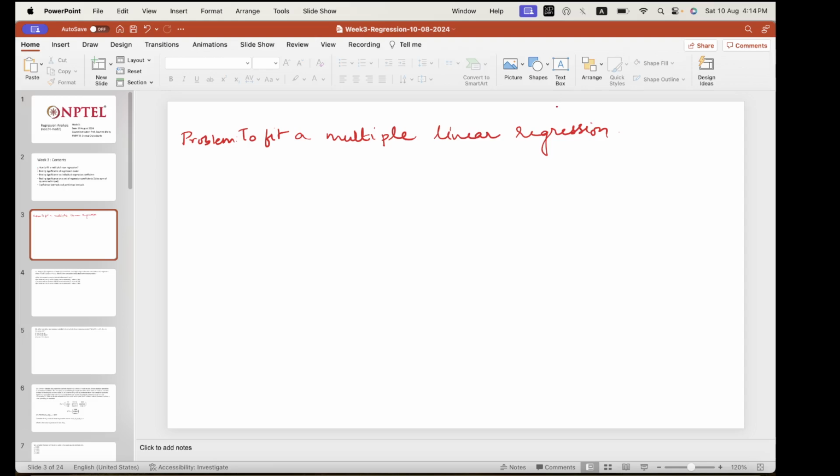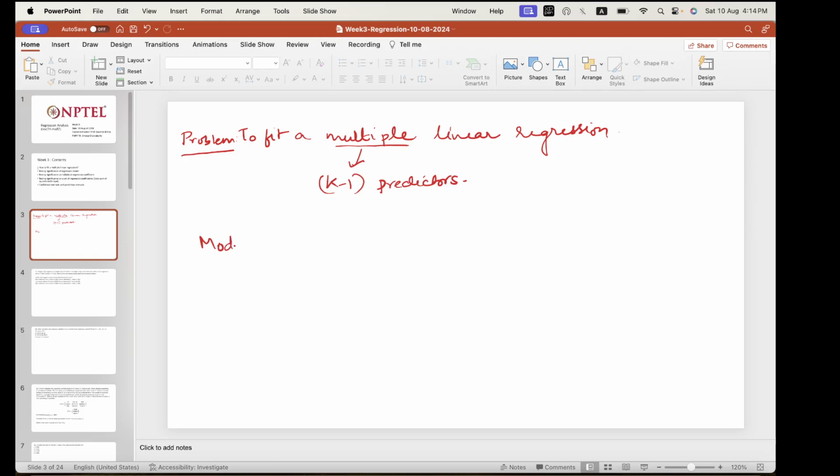What do we do? So let's say we have, since this is a multiple linear regression, let's say we have k minus 1 predictors. Okay, so then how will our model look like?